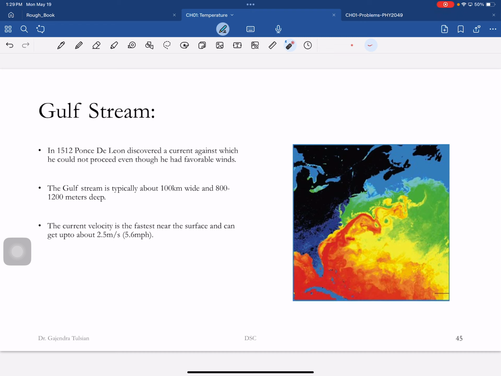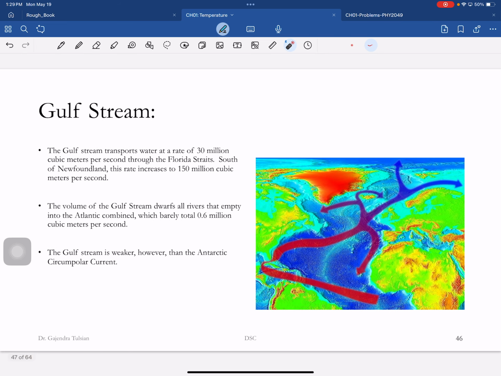The current velocity is about 5.6 miles an hour, about 5 knots. So even if you had 5-knot winds helping you, you're not going anywhere. The current velocity is fastest near the surface.